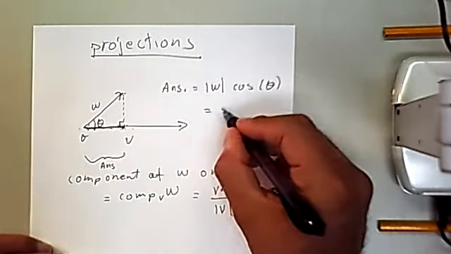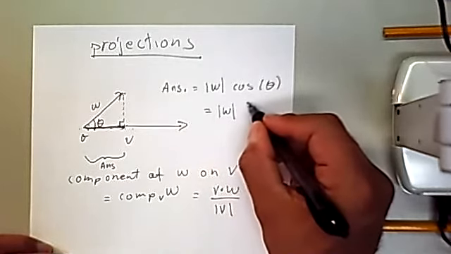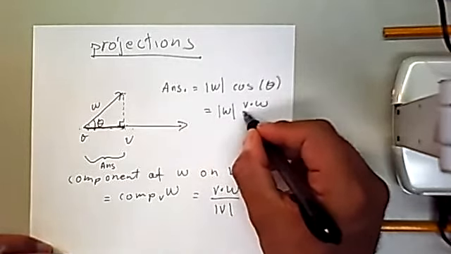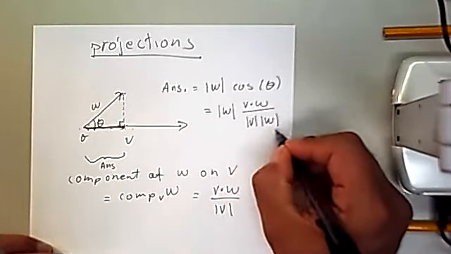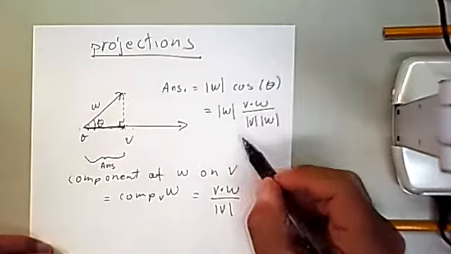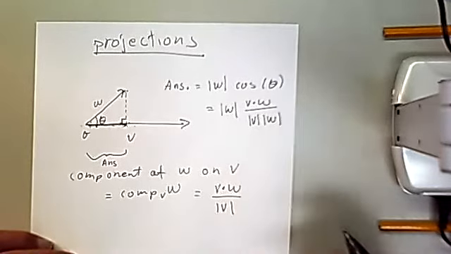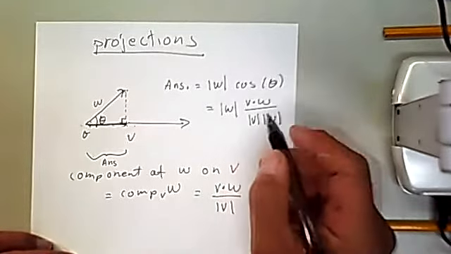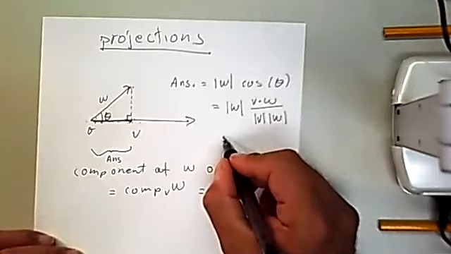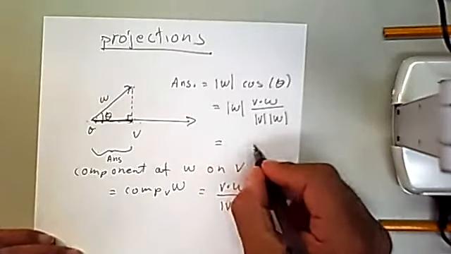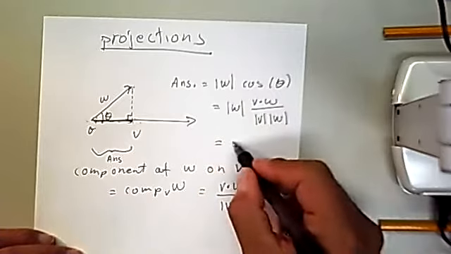But the cosine in turn is equal to the dot product of V with W divided by their corresponding magnitudes. And then we can simplify the W. The W has to be different than 0, so we can simplify. Otherwise, we have no projection. The projection is 0 automatically if W is 0. So cancel those two out, simplify, and then we end up with V dot W over the magnitude of V, which is this answer.